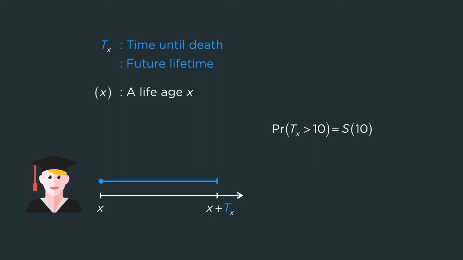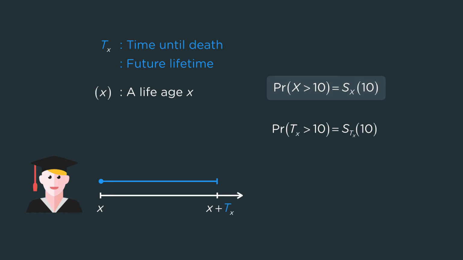This notation doesn't include the random variable. In the probability exam, the random variable often was X. Then we write the random variable as a subscript after S. But our random variable is T sub x, so replace x with T sub x. Unfortunately, this creates a subscript within a subscript, which is difficult to read.